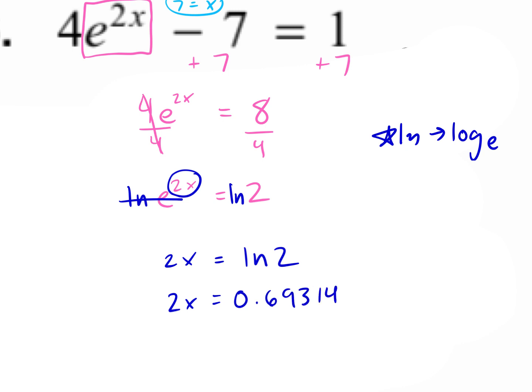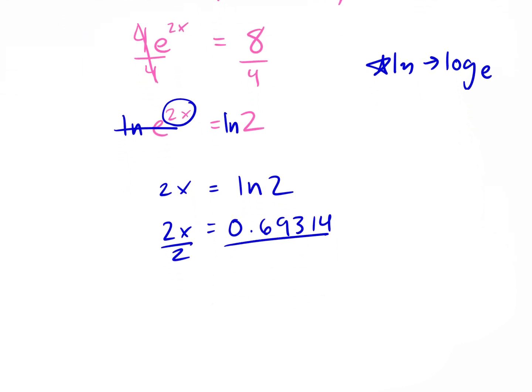So you should get x is equal to 0.3465. Do we round up or stay the same? 0.347, better round that. We got to round it up, so 0.347.